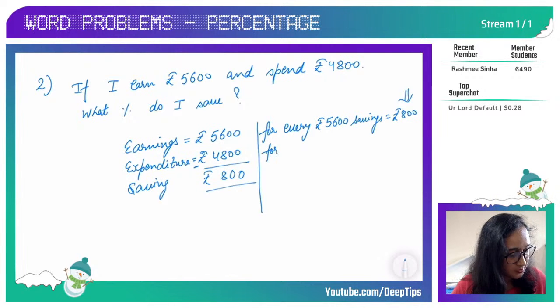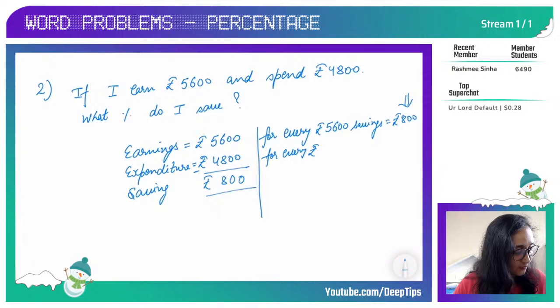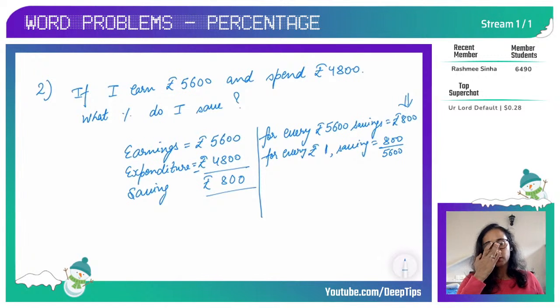Now if it's the ancient time where 1 rupee had lots of value, then for every 1 rupee my saving will be 800 upon 5600. Why am I doing it for every 1 rupee? Because I am using the unitary method.